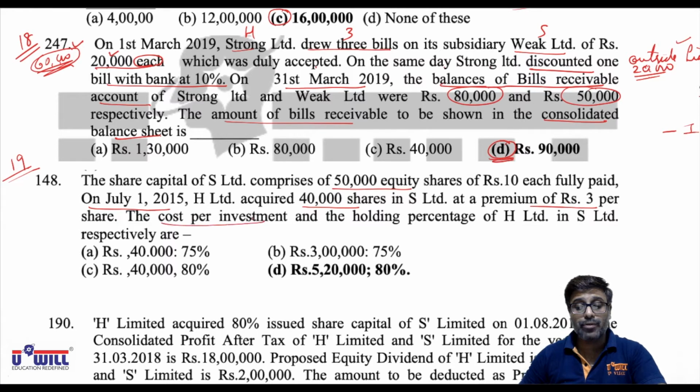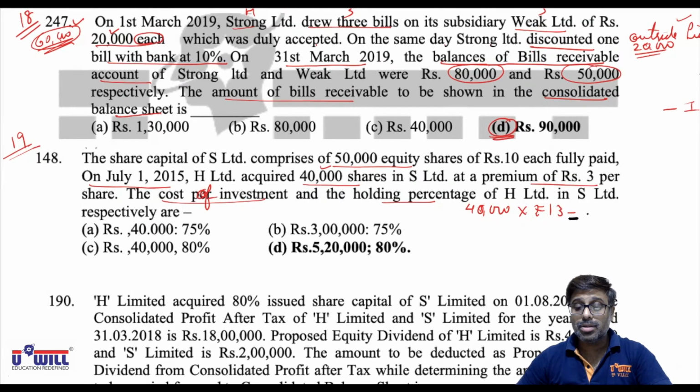Now cost of investment and holding percentage of H in S Limited respectively are. So 40,000 shares are acquired at a premium of 3 rupees, means cost of investment will be 40,000 into 13 rupees. So cost of investment will be 40,000 into 13, that is 5,20,000. And out of 50,000, 40,000 equity shares are acquired by holding company, means 10,000 are minority interest.